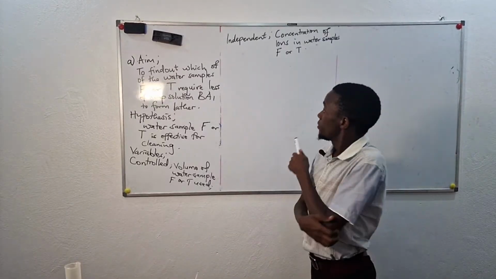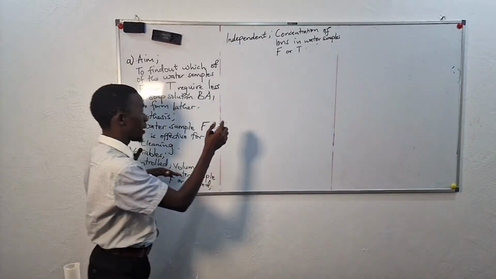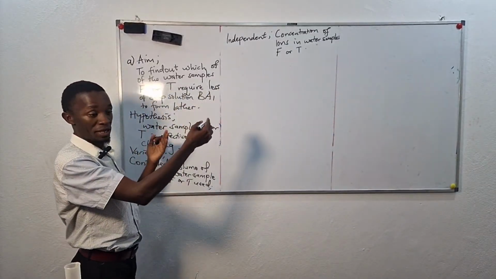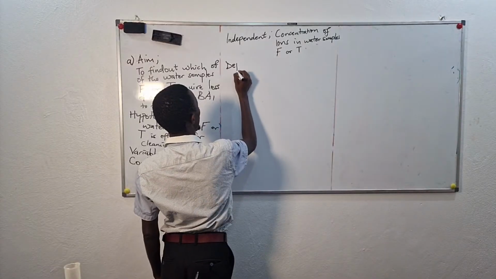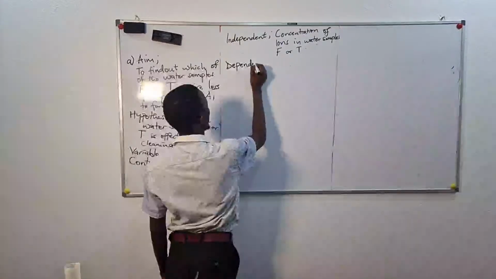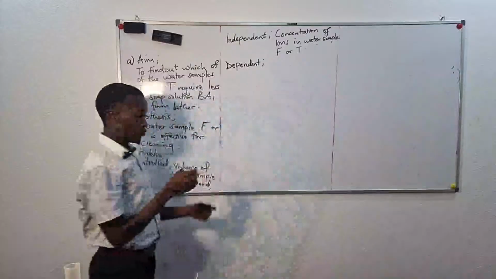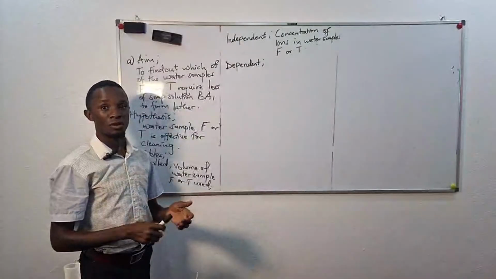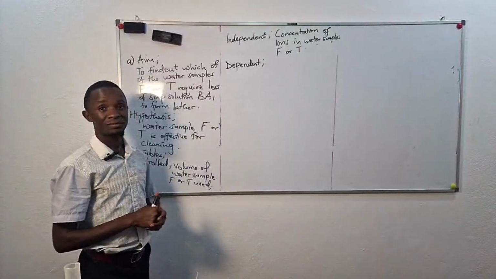Members, to continue, you can suggest your other variables. These are mine. We have the dependent variable, and you said a dependent variable, we said they are the results of the investigation. They are the ones we take as results.